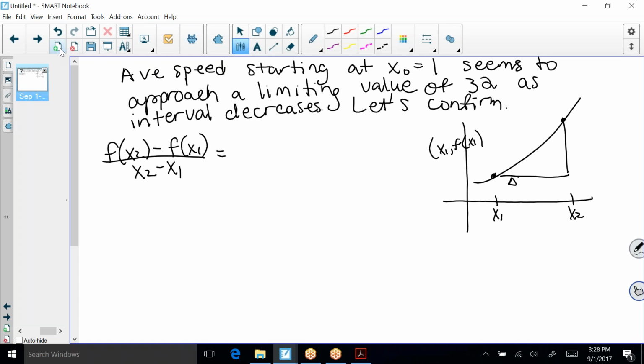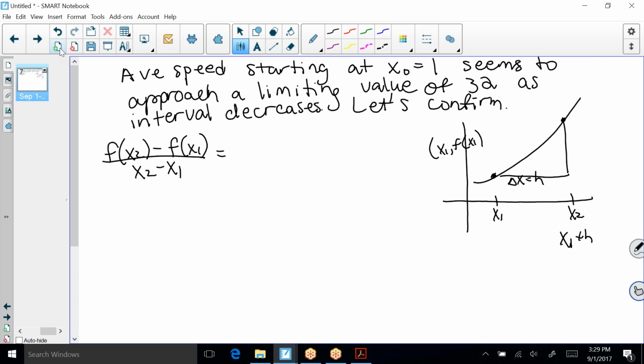So this delta x that we had before, now we're going to just call it h. And we're going to make that h get really, really small, because we're going to bring this x sub 2 closer to the x sub 1. So that was our whole intent here. So now the difference between x sub 1 and x sub 2, we're going to call that h. So x sub 2 is the same thing as x sub 1 plus h.